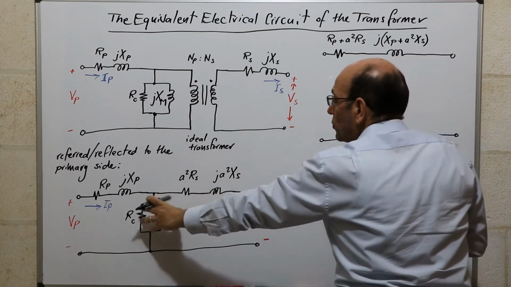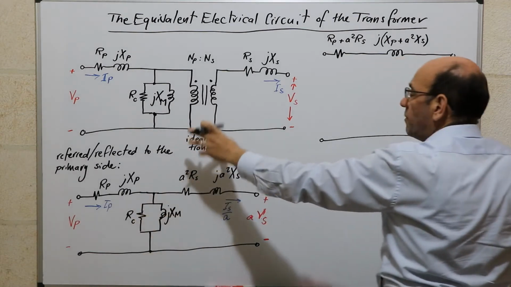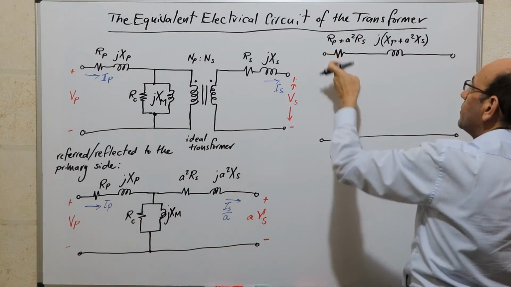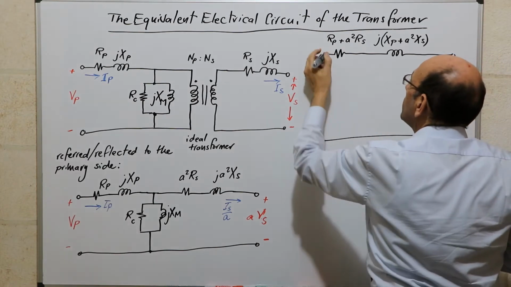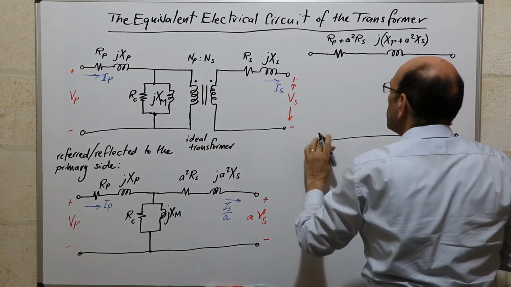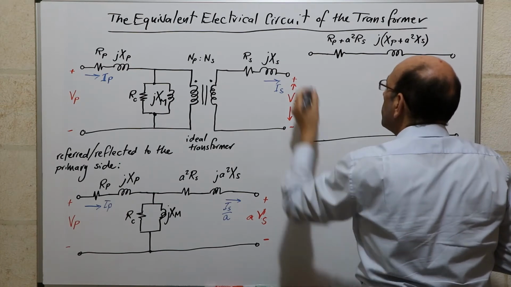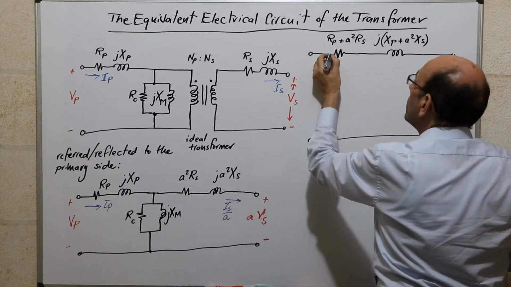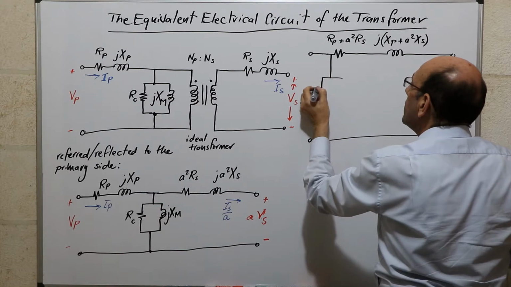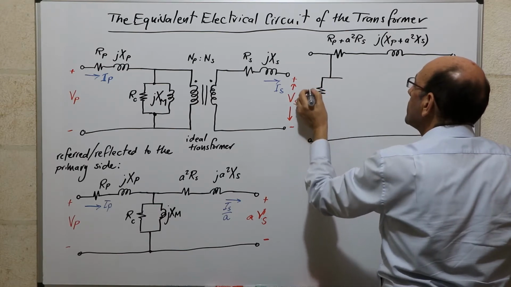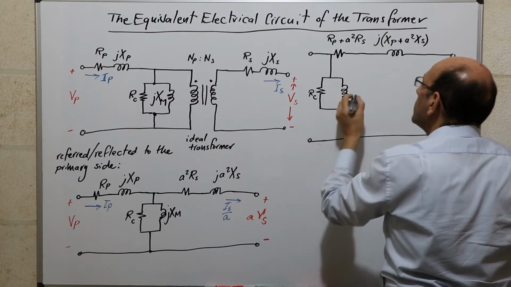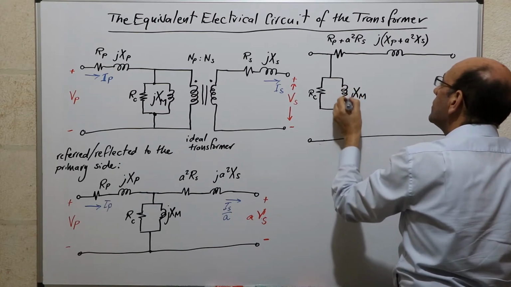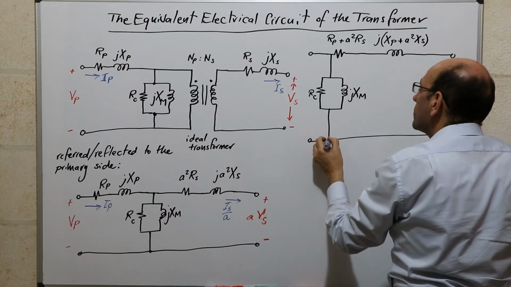And then we need to do something with this. So the simplification involves either moving it to this side or moving it to this side. In this case, I have opted to move it to this side, on the primary side. So we would have here R subscript C and XM times j.